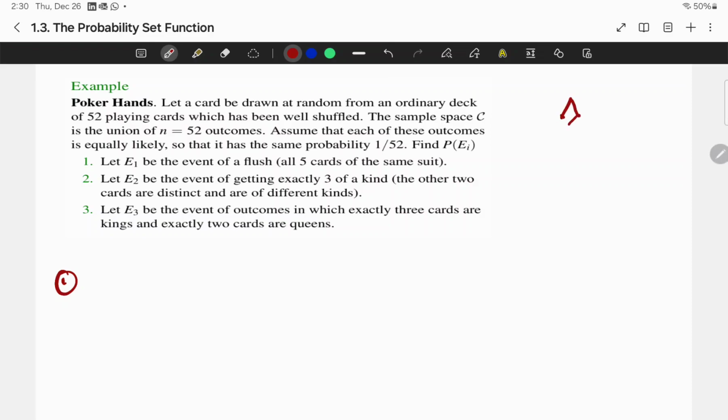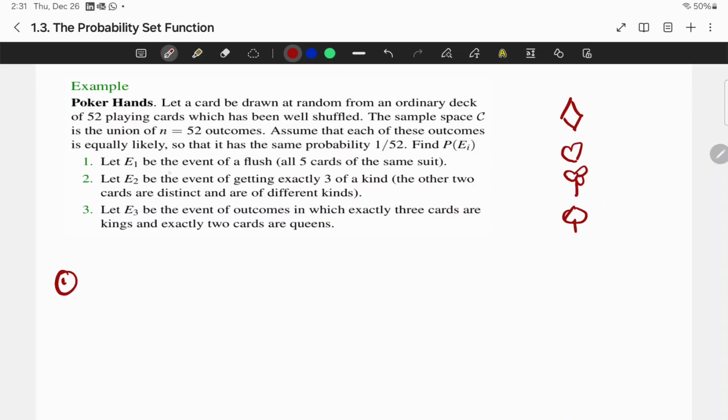We have a heart, a diamond, a heart, a spade, and then something like this one. So we have 4 kinds of suits.